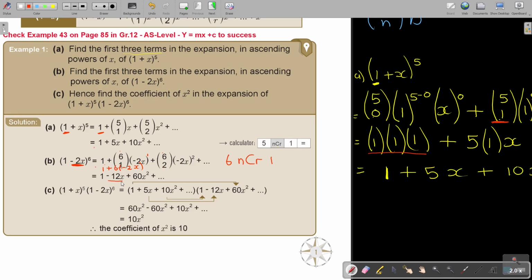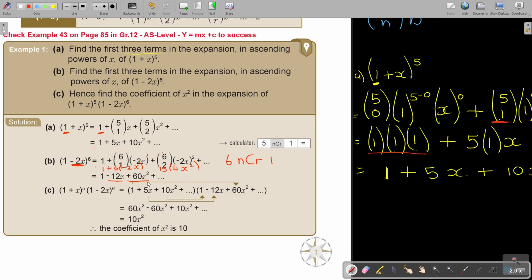Okay, and if you say 6 NCR 2, what are you going to get? You are going to get 15, and then you're going to say negative 2, so it's going to be 4, and it's going to be x squared, and if you multiply, you get that. Okay, and now we can move on.